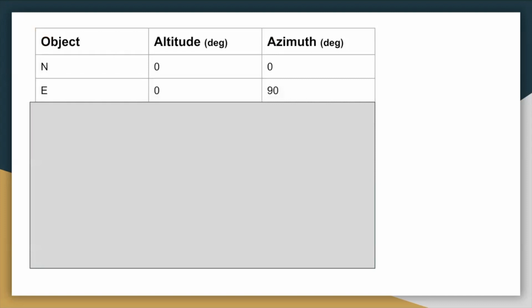Likewise, east, again, has 0 degrees altitude, but you are a quarter of the way around the circle going from north, so it has an azimuth of 90 degrees. South, you are halfway around the circle of the horizon, so south is 180 degrees azimuth.